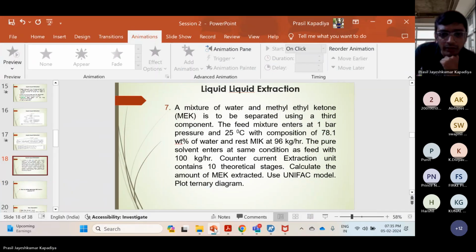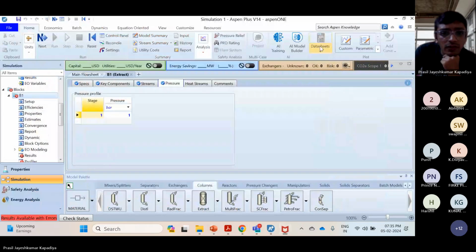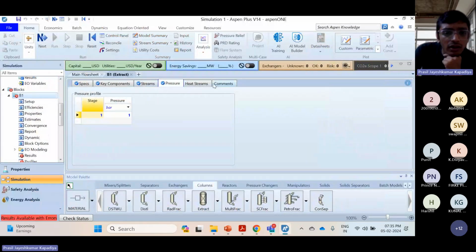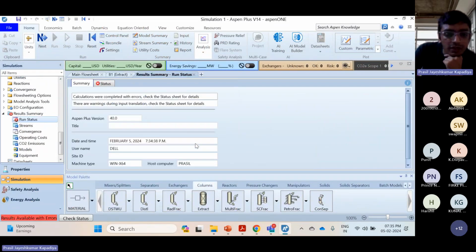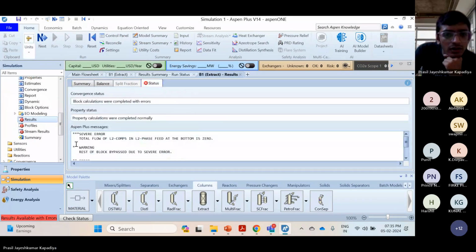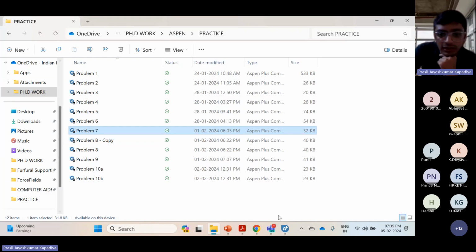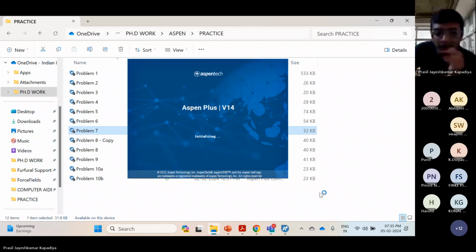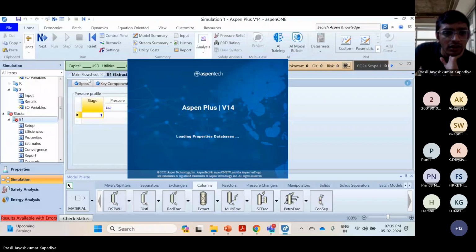Pressure is 1 bar, right? Yes. Mm, we have made some mistake. Wait, let me check. This one is problem number 7. There is some error in our feed condition only, I guess.